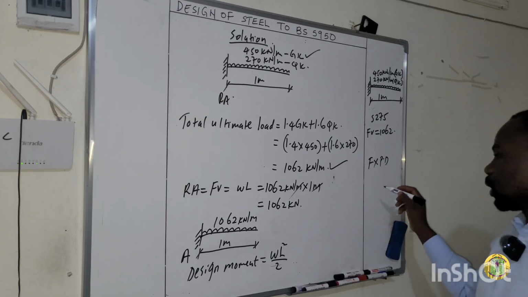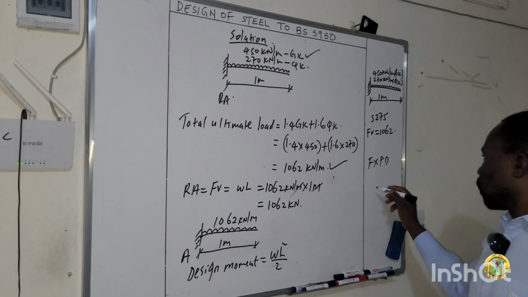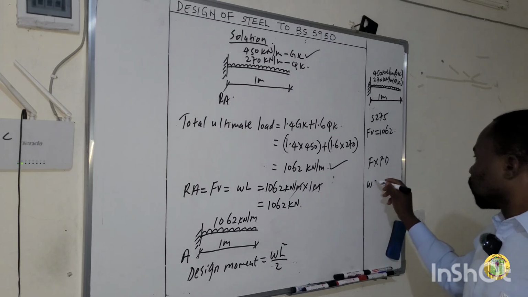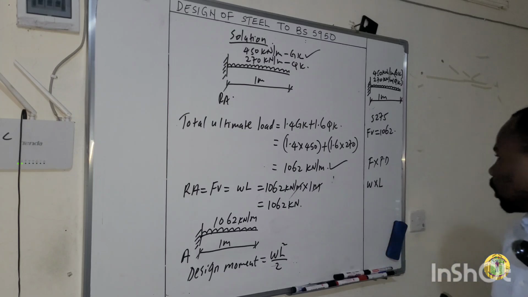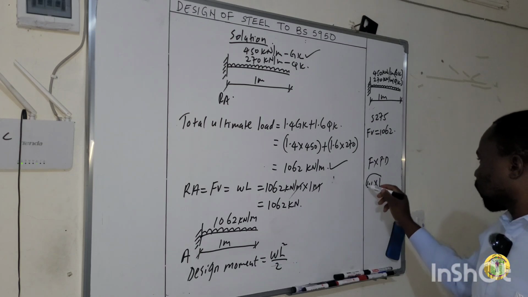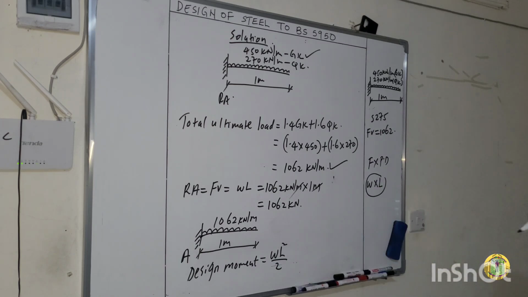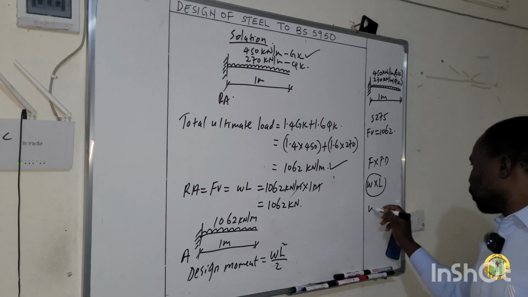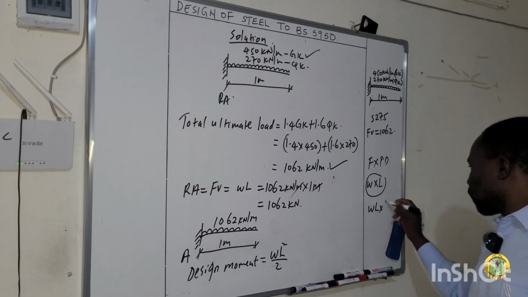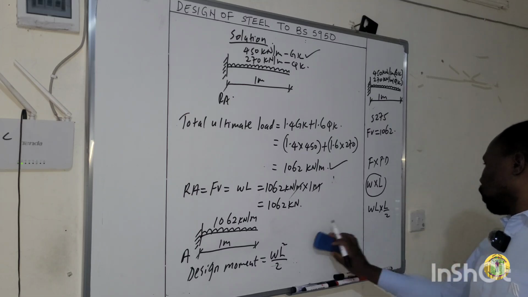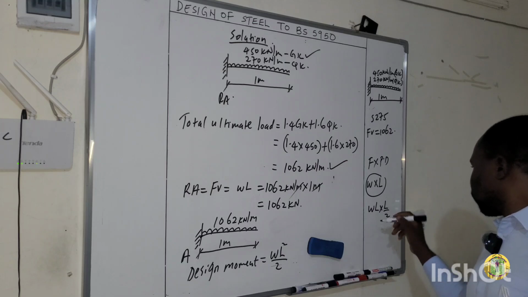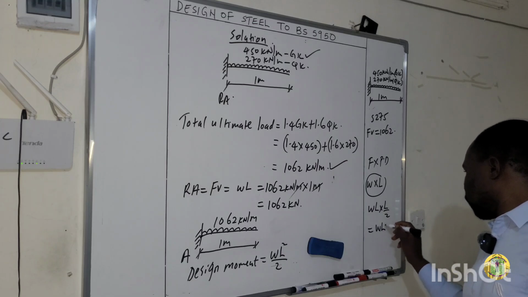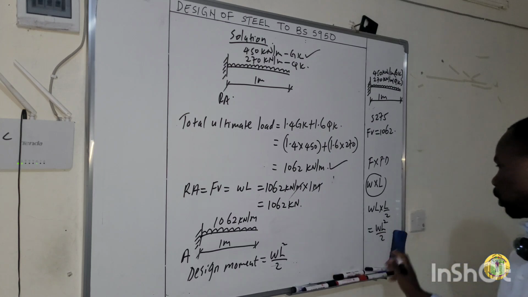So you take this UDL, which is W times L. By doing so, you have changed it from UDL to a point load. Then for bending moment, a UDL acts at the center of this span. So you take WL times again L over 2. If you simplify this formula, you get WL square over 2. Here it is.